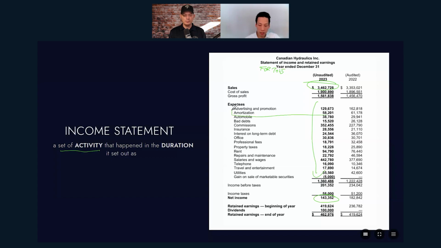amortization is actually not money going out of the business. This is an accounting method to equalize the cash flow for when you buy equipment. A lot of money goes out, but it doesn't represent the actual value of the equipment to the business. It's a methodology to spread that cost out over time.